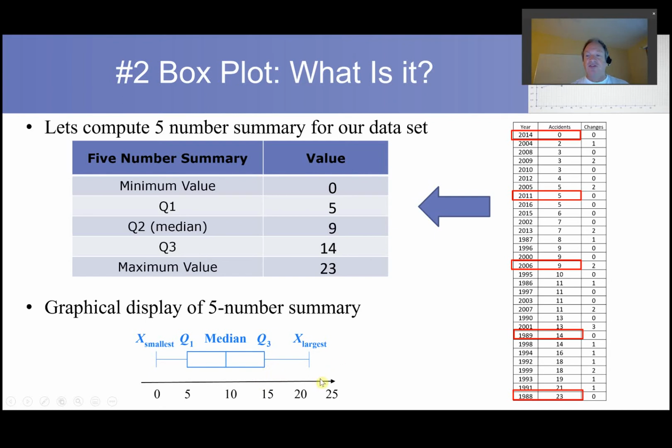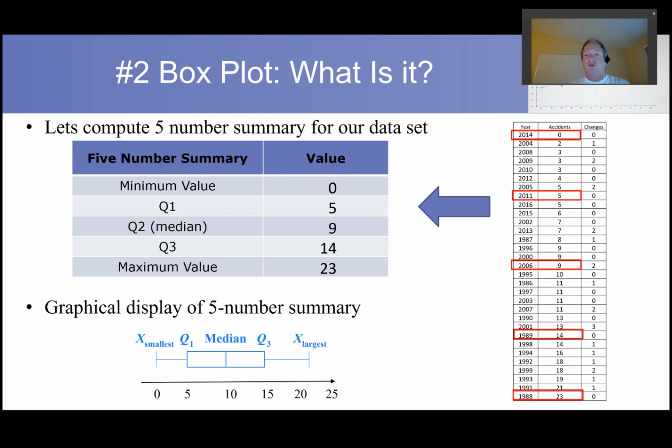Now, these things sticking out from the boxes are sometimes called whiskers. They kind of look like the whiskers of a cat. And very often they extend from the edge of the box to the extreme value in the data set. So this would extend from the third quartile all the way to the largest, and this whisker would extend from Q1, the first quartile, to the smallest.